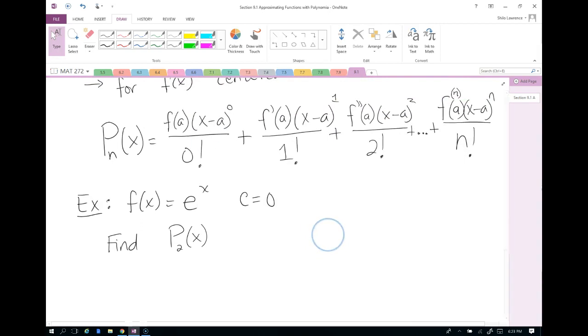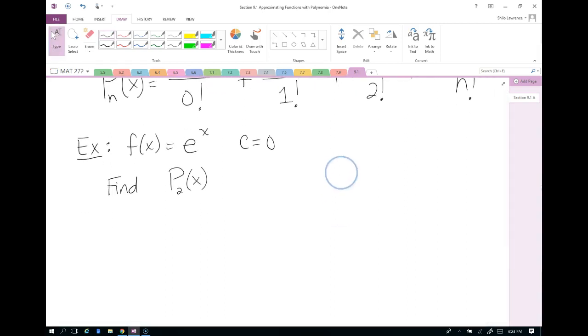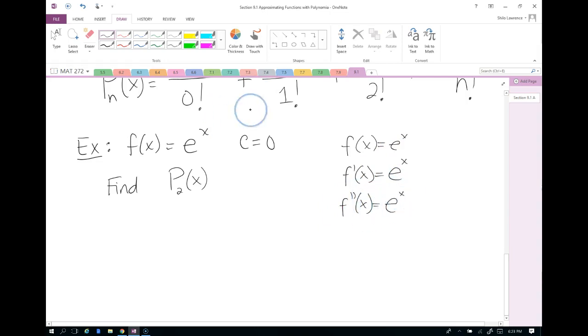So there's a little bit of preliminary work that we need to do before we can just jump straight into this equation. We need all of the derivatives evaluated at the center. So we need the original function, the first derivative of e to the x is just e to the x, and we need the second derivative, which again is just e to the x.